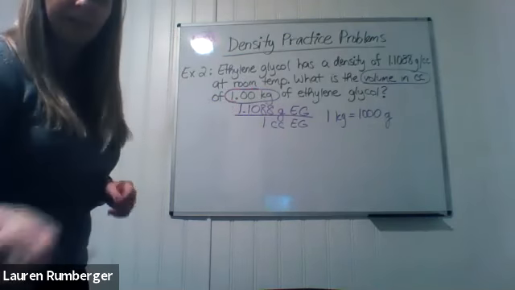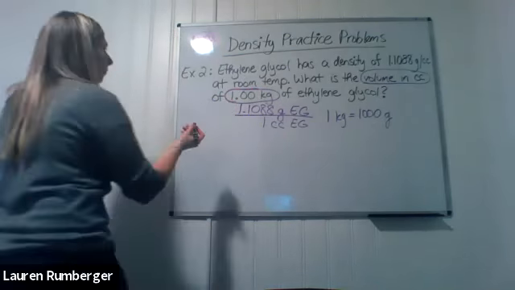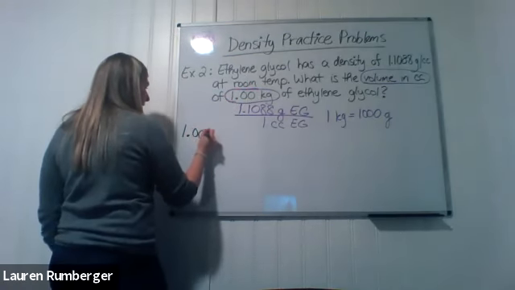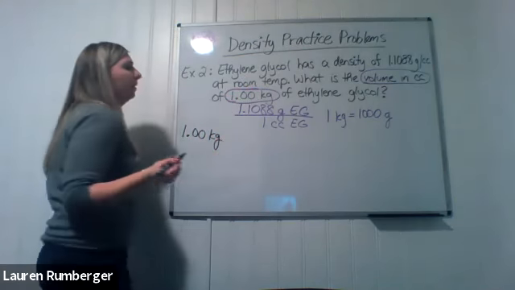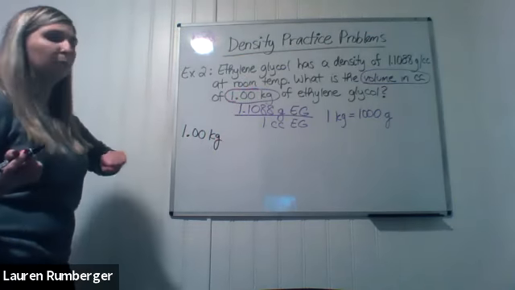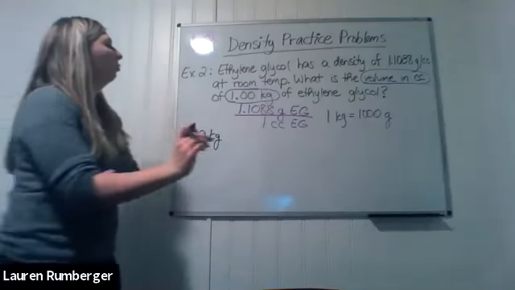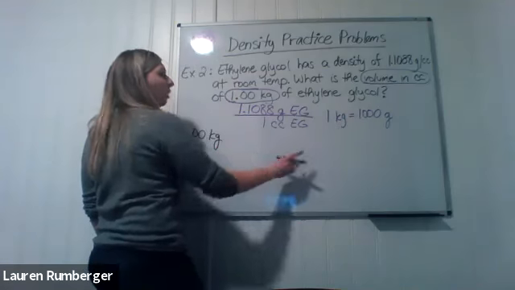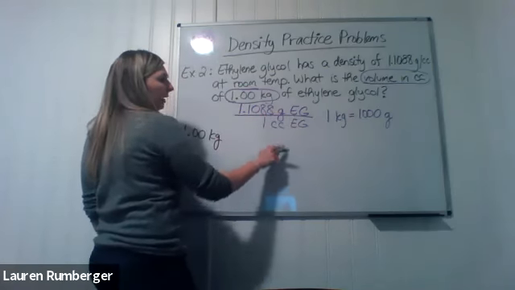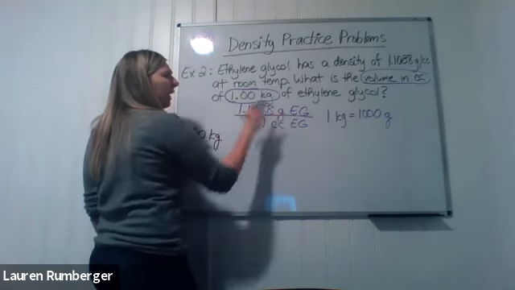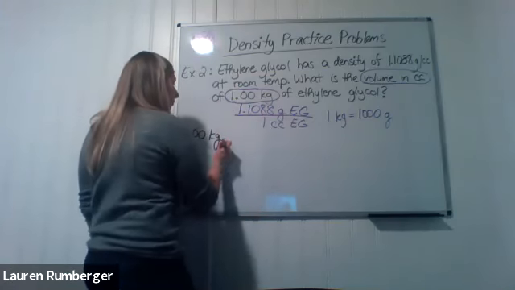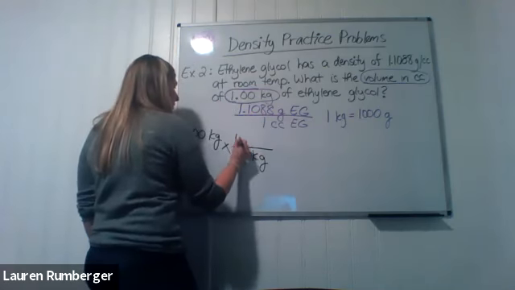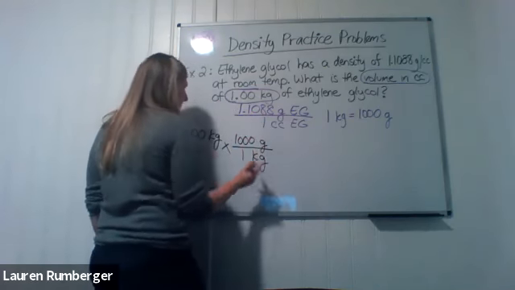So let's begin with our given value. 1.00 kilograms of our ethylene glycol. That's what we're starting with. We know that there is 1,000 grams in 1 kilogram. We need to change our kilograms to grams because our density has mass in grams. So 1 kilogram is equal to 1,000 grams.